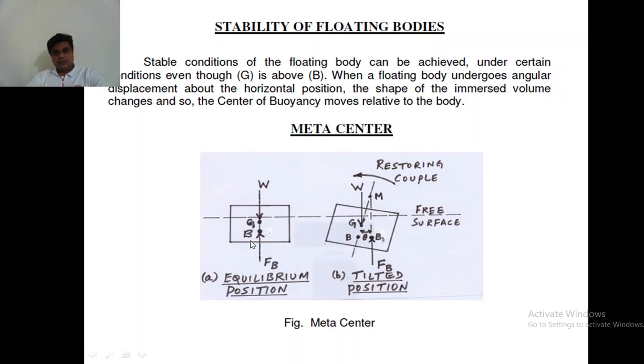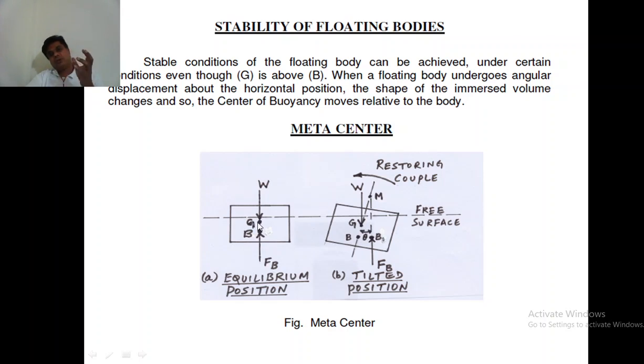So in this case, floating bodies, what happens when the floating body undergoes a small twist or angular displacement? So you can see here, this is the object in the stable equilibrium position, and now I'll give a small twist to the object. So what happens here? We have a line passing through the center of gravity and center of buoyancy.